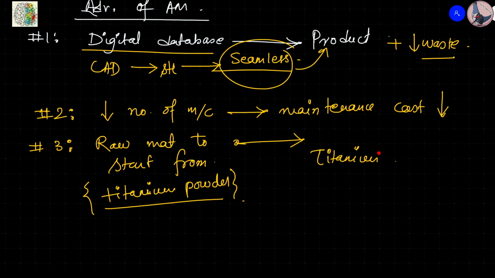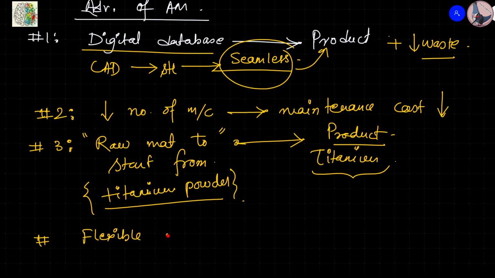Whatever shape the product will have, that will not be a problem at all. Whether it is a sheet, a block, or any sort of component, it will be very easy. So this gives freedom from the sort of raw material to start from. This was also a very big flexibility which it provided. So it became a very flexible manufacturing method.